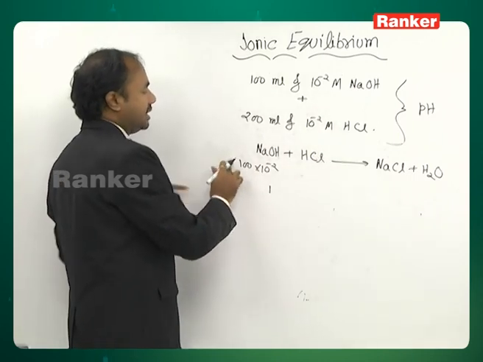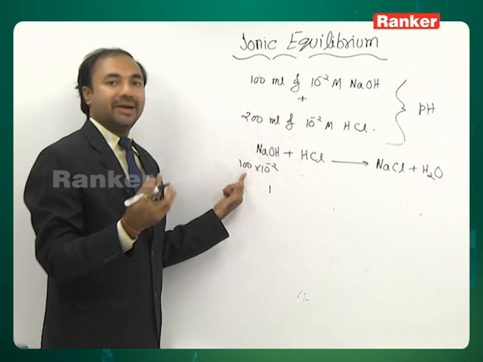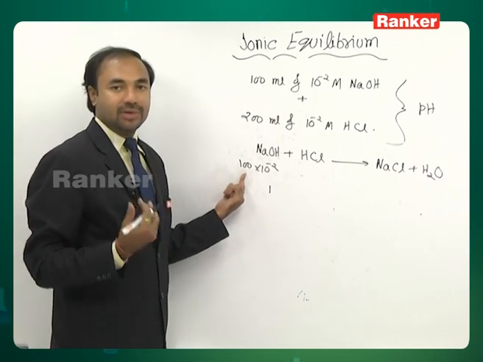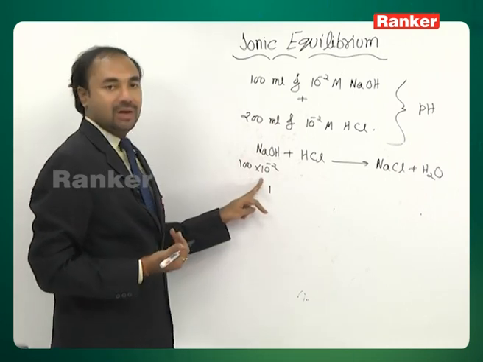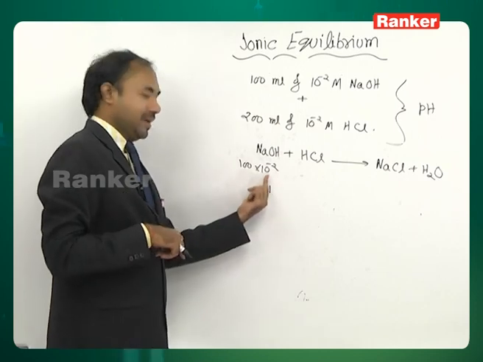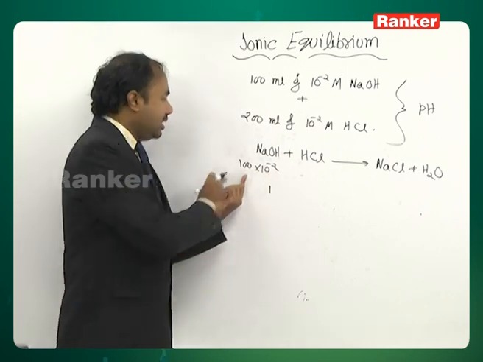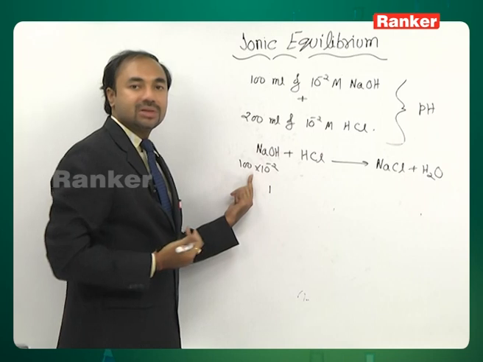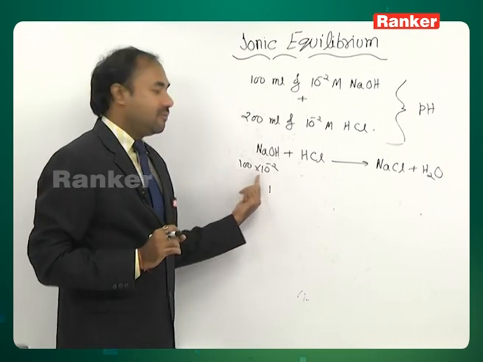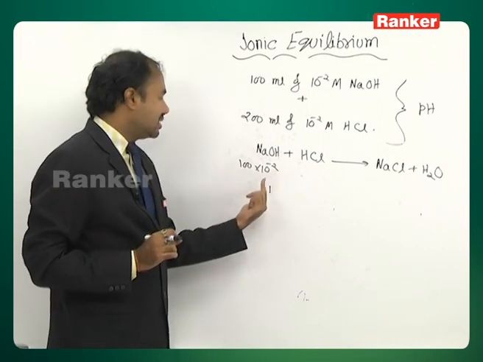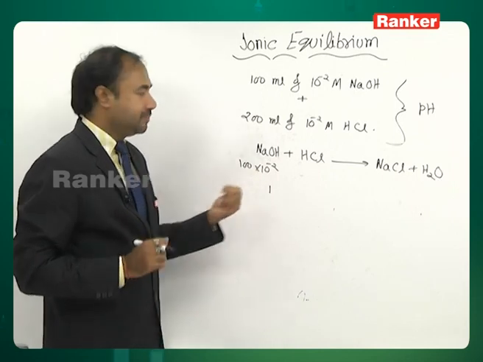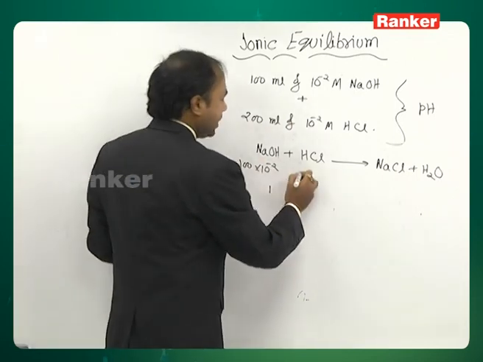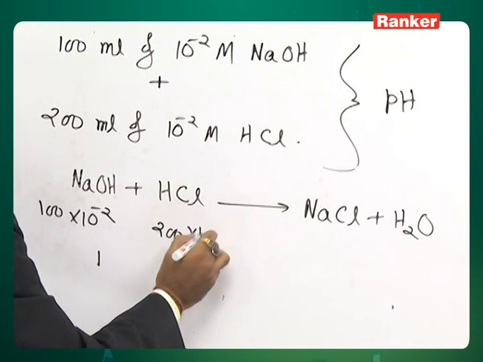If you remember, molarity is given as equal to number of moles per liter of the solution, per liter volume of the solution. So for number of moles, we get molarity into volume. If volume is in liters, we get moles. If volume is in milliliters, we will get millimoles. So this is the number of millimoles right now. Okay. Now HCl, this is 200 into 10 to the minus 2.